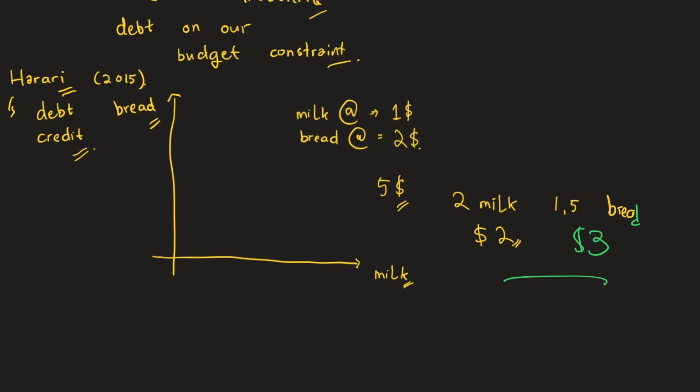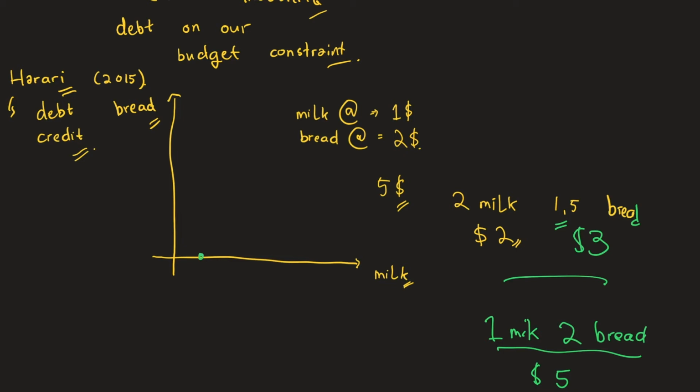Or let's say we use discrete numbers: you will buy 2 bread and 1 milk, which in the end will cost you $5. Let's draw these combinations here: this is the amount of milk that we can buy.